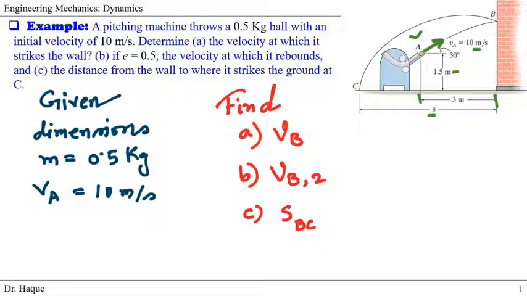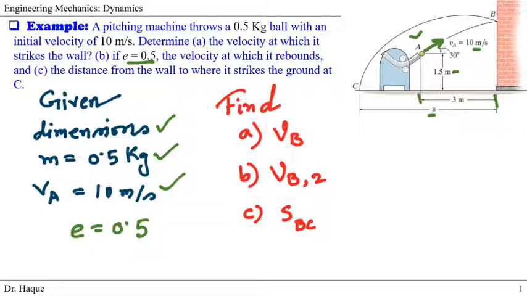So the given things are the dimensions in the image, mass of the ball, and the initial velocity of the ball when the ball is at point A. And we were also given the coefficient of restitution. So E is not efficiency here, right? You already know that. So E here is the coefficient of restitution, and that triggers you that you have to use the concept or equation from 15.4, right?